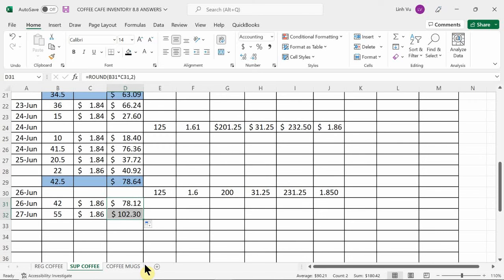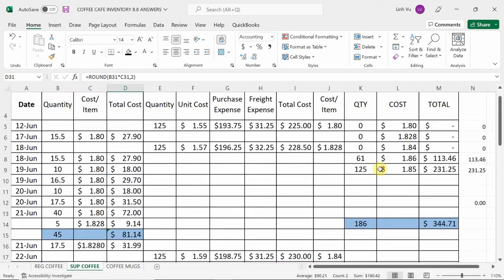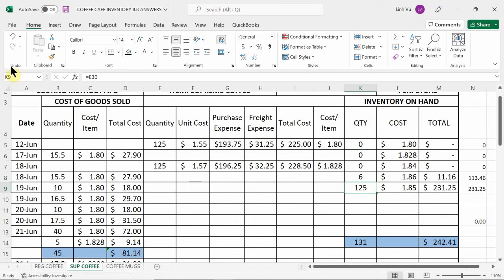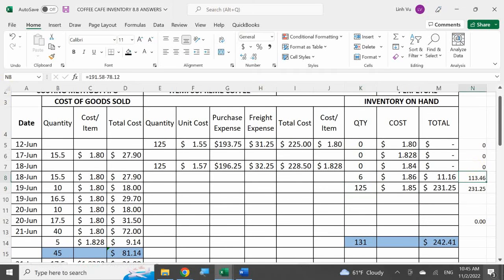Good. So I just sold 55 pounds, so I gotta update my inventory here. 61 minus 55 is gonna give me 6 pounds remaining. Okay.